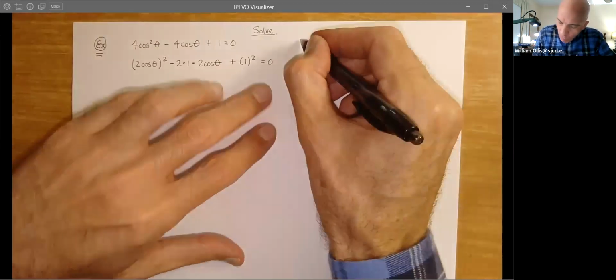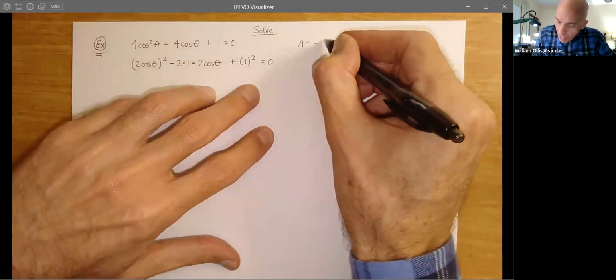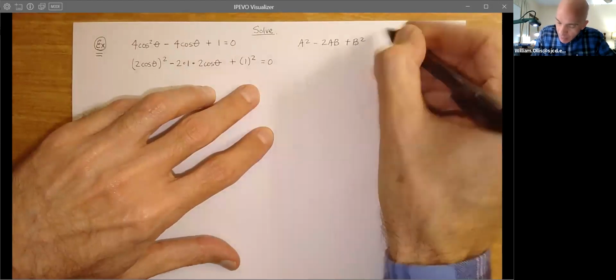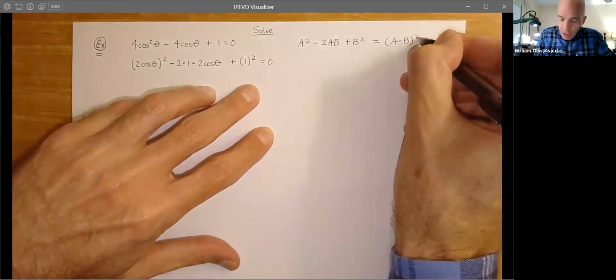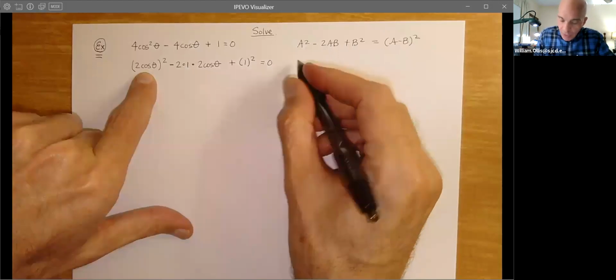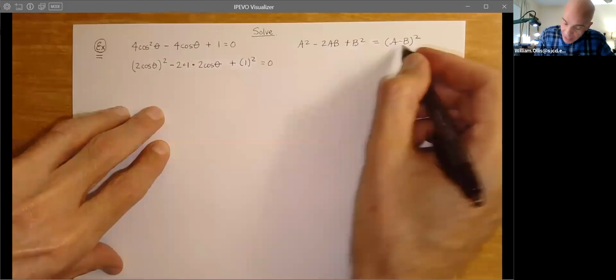We have a squared minus 2ab plus b squared equals (a minus b) quantity squared, and that's what we have here. This is a perfect square. So we see that the a is 2 cosine theta and the b is 1. So we can apply the identity.